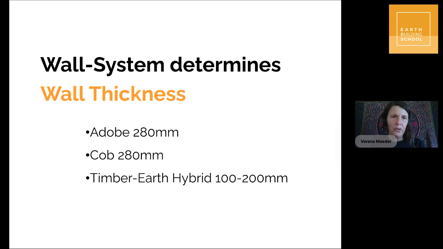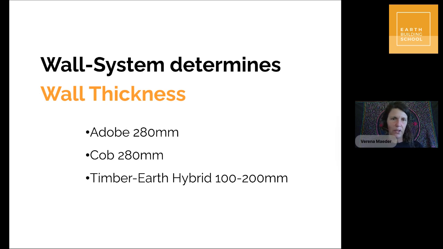And just to recap this once more, the wall thickness has to be reflected on your floor plan. If you're designing with solid earth construction, that being adobe or cob, it is a minimum of 280 millimeters for your wall thickness. If you're going to a timber earth hybrid, it's anything between 100 and 200 millimeters.